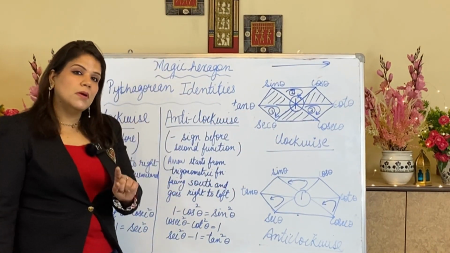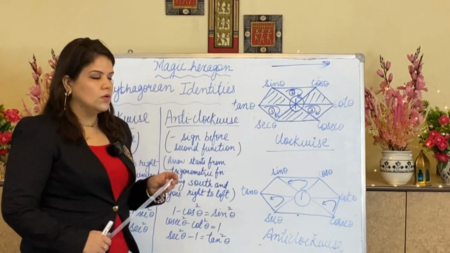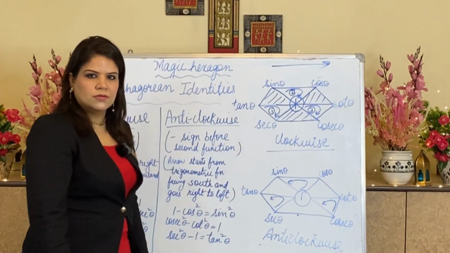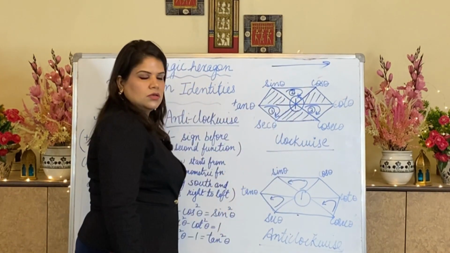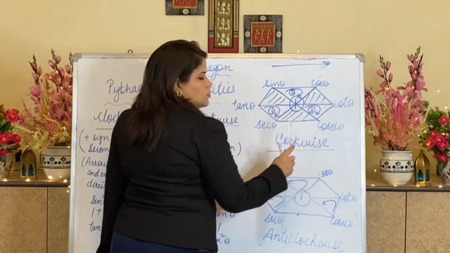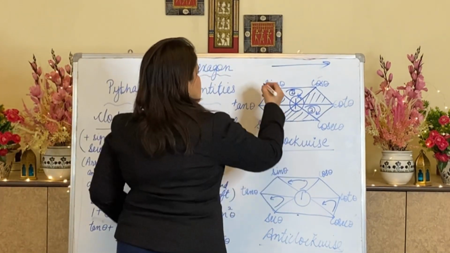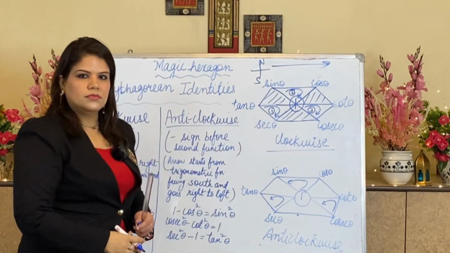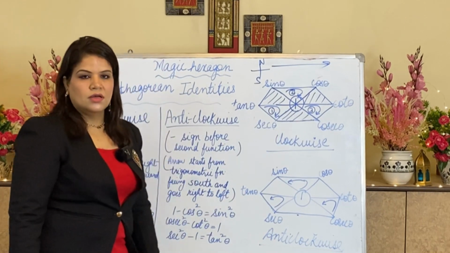Now you have to remember one thing: whenever I am pointing my arrow, it is going from left to right and then towards south. Understood? Left to right and then towards south. South, you know, right? This is north and this is south. So this is facing south, this is facing south, this is facing south.